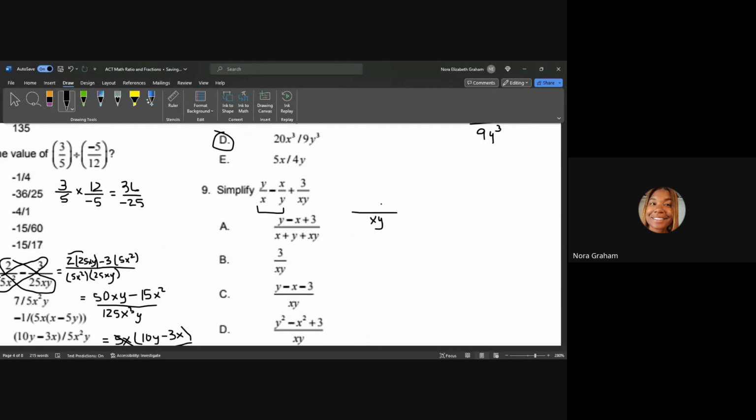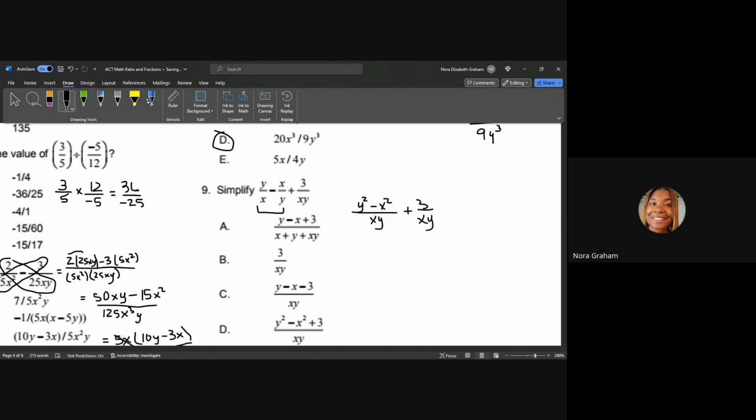X times x, that's going to give me x squared. And then y times y, that's going to give me y squared. And I'm subtracting these. That's as far as I can really go. But notice now I have the same denominator if I add on this second part. Got lucky. xy.